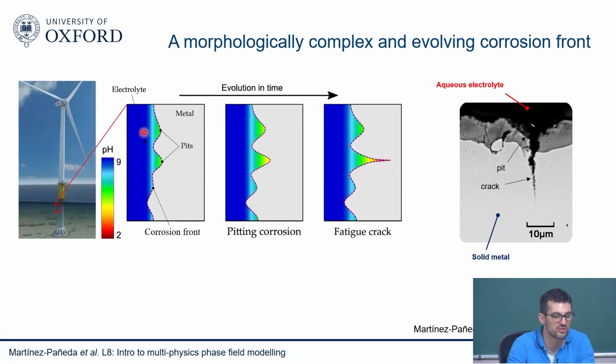So there's a change of 80% in the pH and local electrochemical conditions from the bulk to the inside of the pit. So all of these things are very strongly coupled. The pit is growing due to mechanics, due to local chemistry, and the local chemistry and the local mechanics are themselves changing depending on the shape of your pit. So you cannot disconnect things. You have a problem that is strongly coupled, and you need to resolve everything that is happening there.